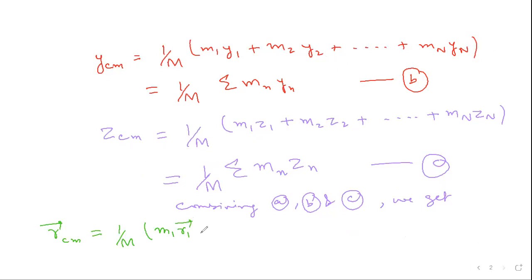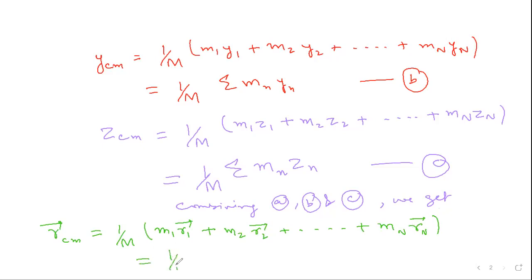Position vector of particle 1, plus m2 r2 plus so on plus mn rn, rn being the position vector of the nth particle.